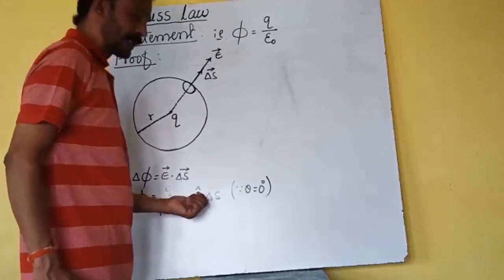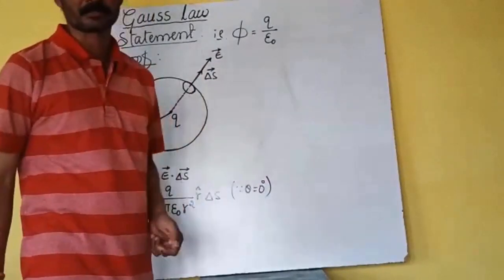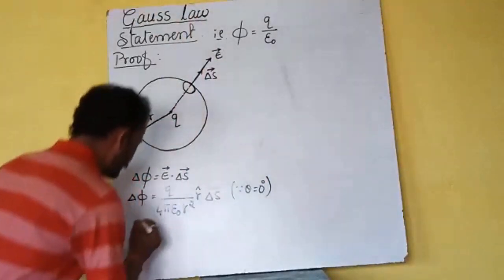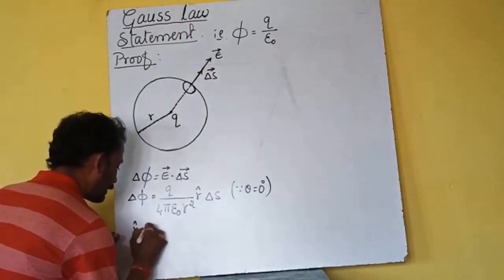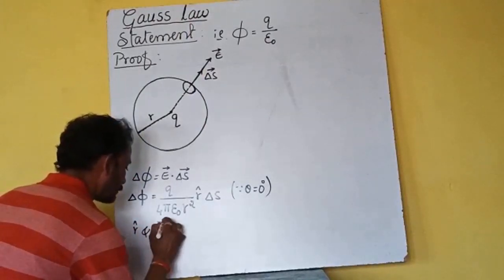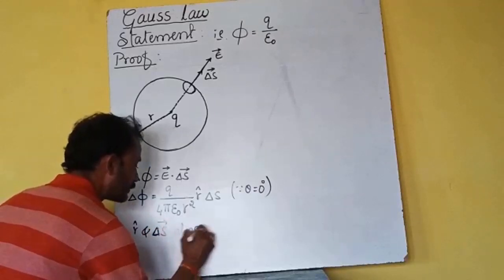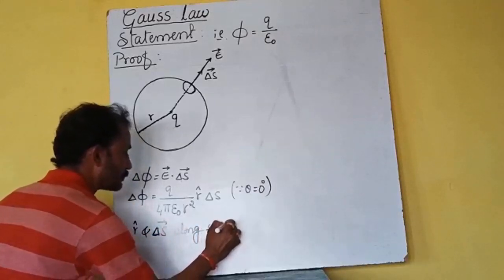Therefore, both r cap and delta S vector are in the same direction.